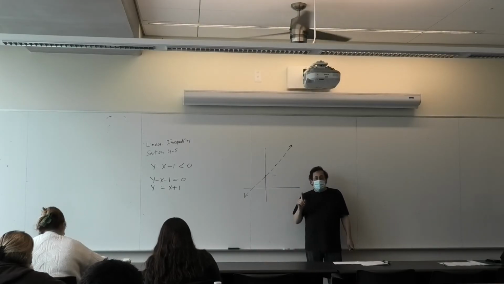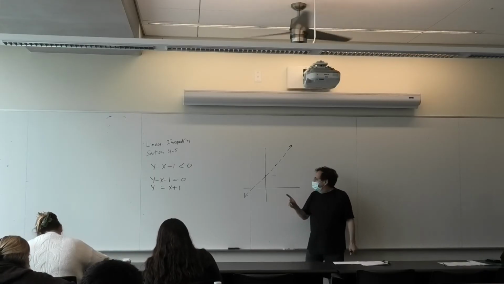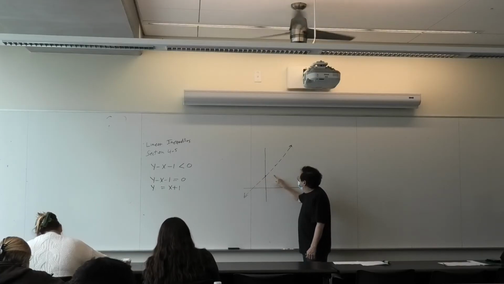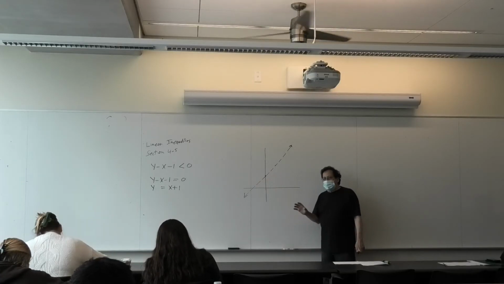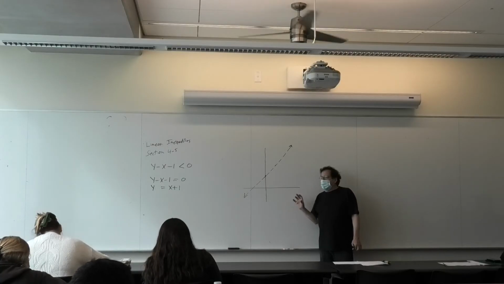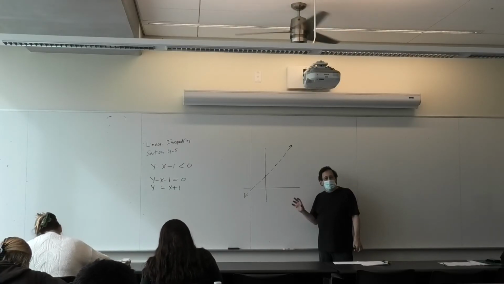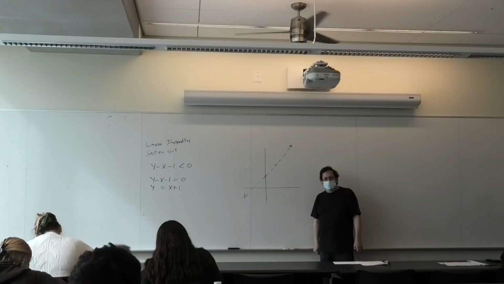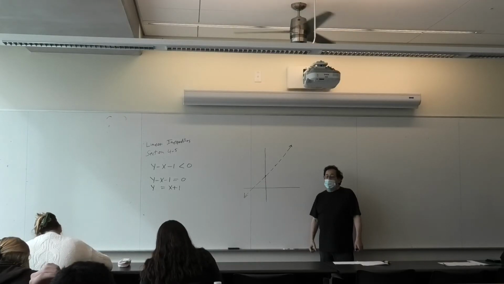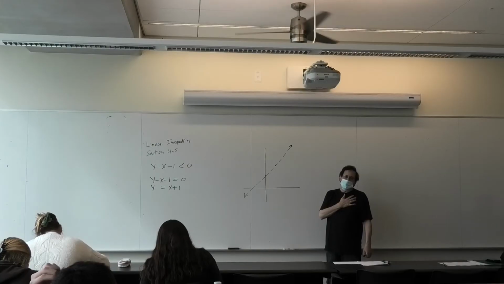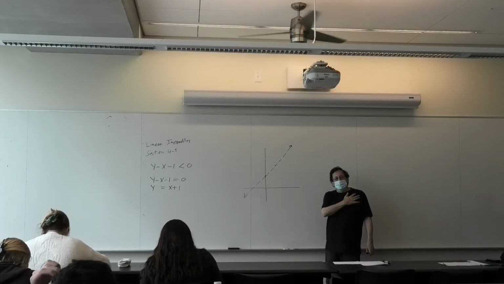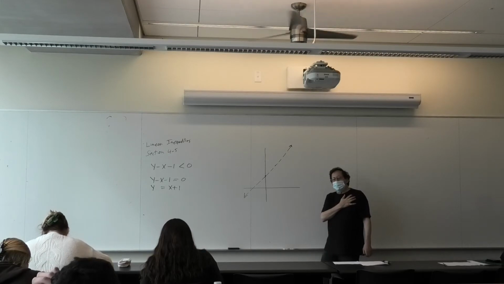We only have to check one point not on the line. We can pick any point, and it behooves us to pick the easiest point possible. Now, I have my own favorite point. Anybody guess what my favorite point is?